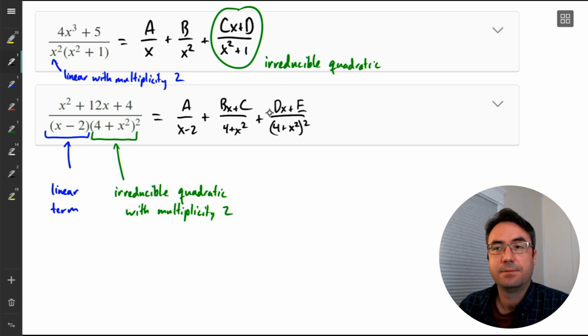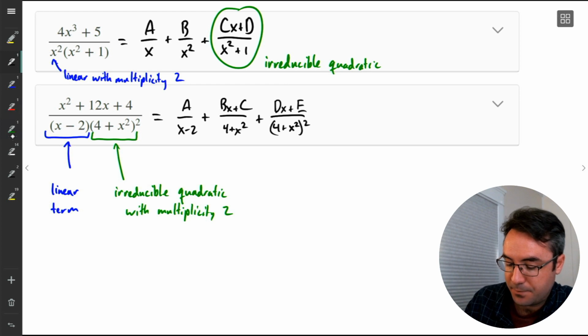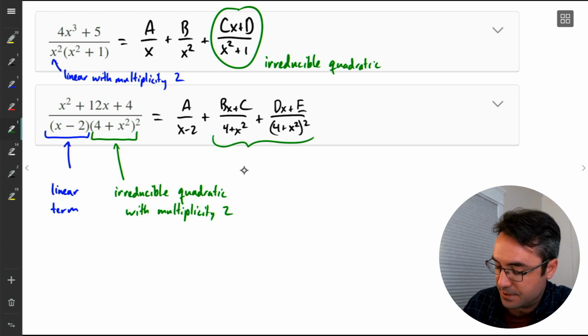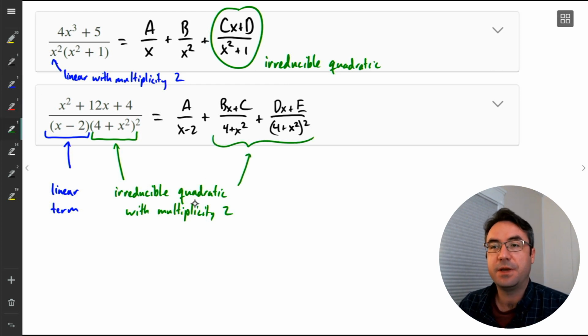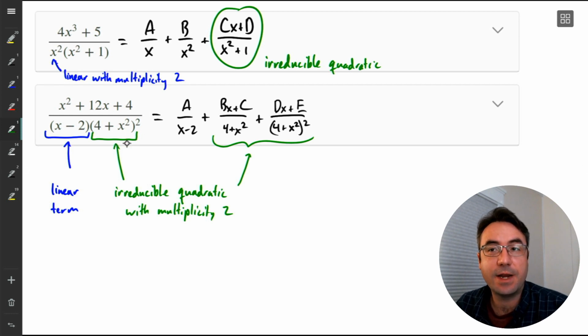And there we go. So we have these two fractions because that wasn't just an irreducible quadratic, that was repeated twice. So we end up with two fractions, and the exponent around the entire denominator in each of those increased by 1 each time. All right, so that's the general format.